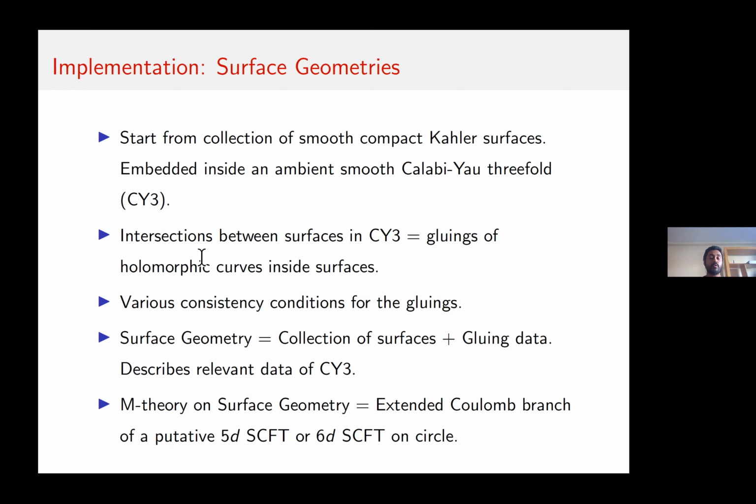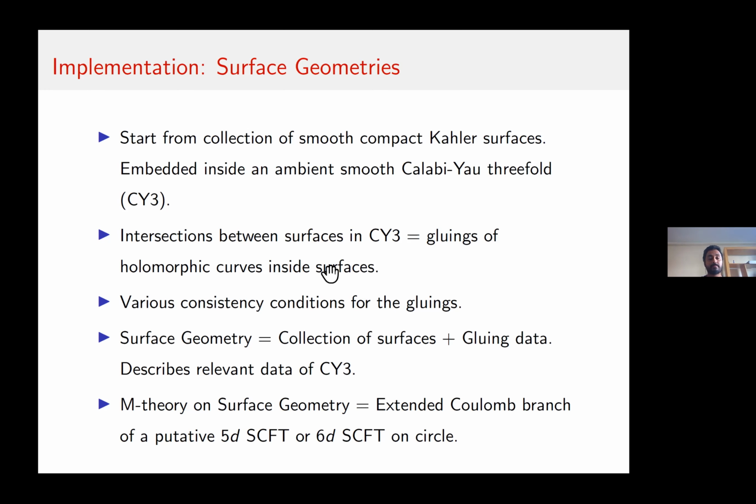Four-cycles intersecting inside a six-dimensional space will generically intersect in a two-dimensional locus. So when you restrict the intersection locus onto each of the surfaces, you will find a curve living in each of these surfaces. And the embedding map is such that you're going to glue the two curves together when you embed into the Calabi-Yau.